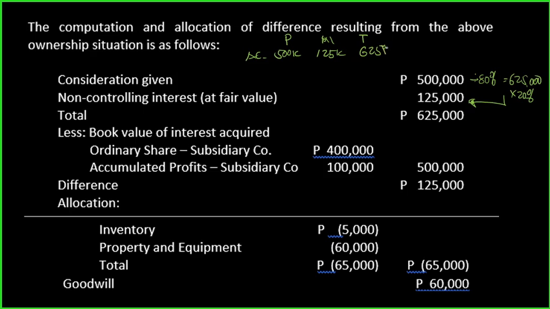The implied value of the subsidiary, less the book values of the net assets acquired. What's the book value of net assets acquired? 500. Long cut kasi book value. Pwede namang fair market value. Pakita natin mamaya. So you have here 125,000.